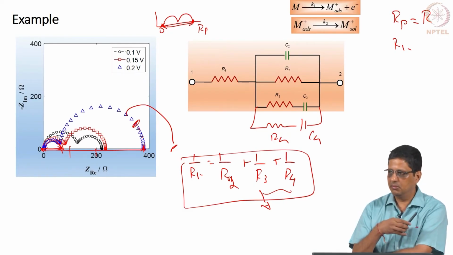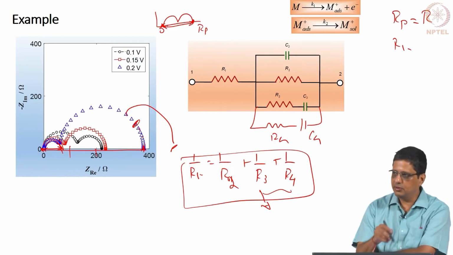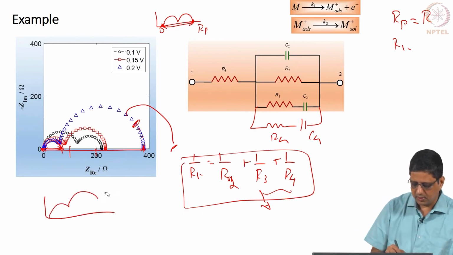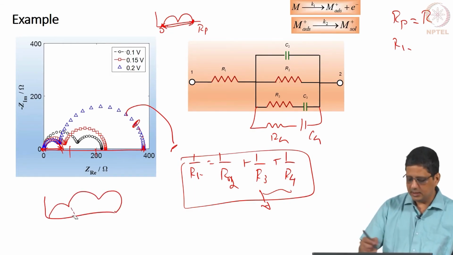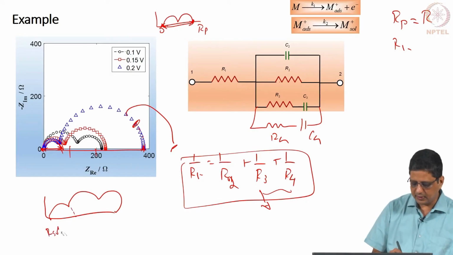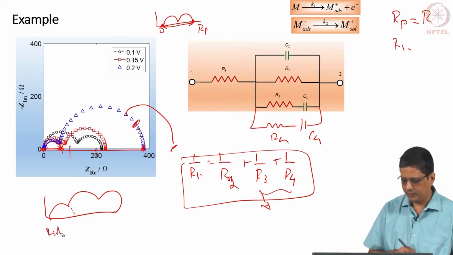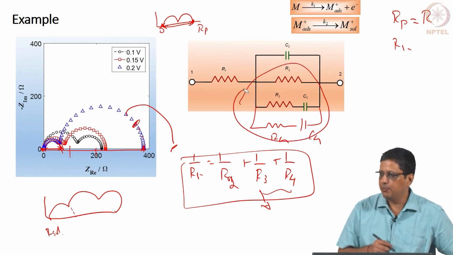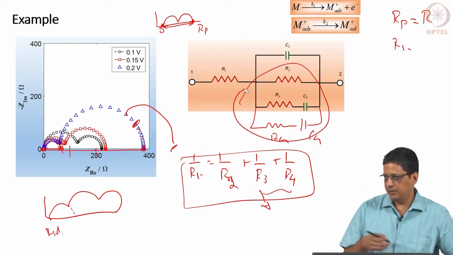So, how do we know there are multiple loops? Like, how do we know how to find RCT in multiple loops? When you see visually, the location where this hits, because this is solution resistance, correct. If you take this, this is representing the Faradaic process, meaning reaction.